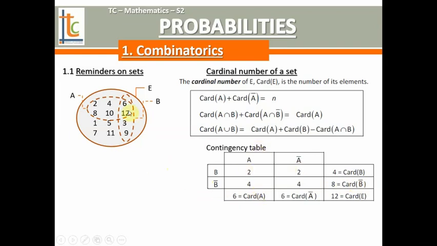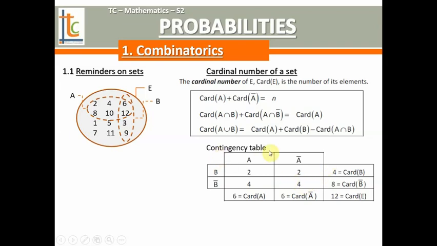Like in your Venn diagram, you've got A inter B. You've got A bar inter B. That's here, 3 and 9, so there are 2 elements. Then A inter B bar: you want to be in A and not in B. So that's 2, 4, 8, 10 here, 4 elements. And A bar inter B bar: you want to be outside of both A and B. So it has to be 1, 5, 7, or 11, 4 elements.